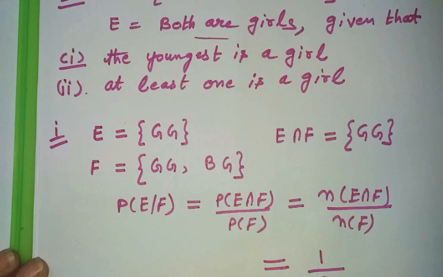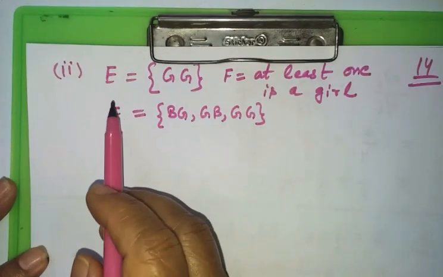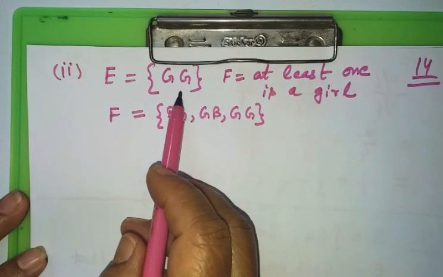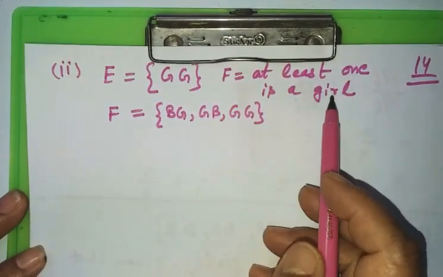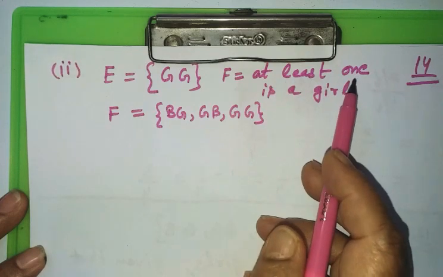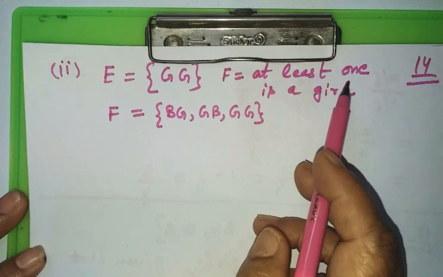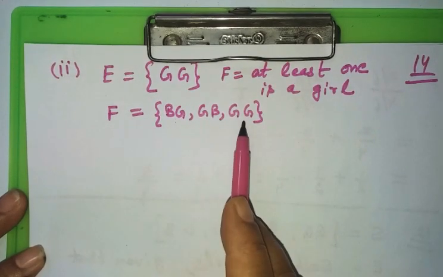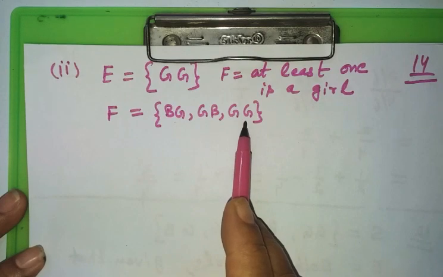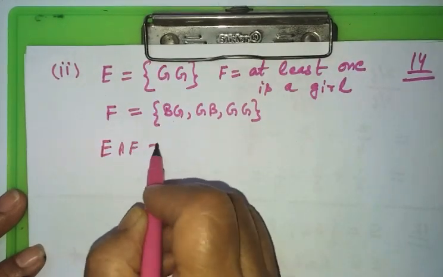And let us proceed to the second part. Second part says event E remains same, both are girls, and event F is at least one is a girl. At least one is a girl means all the cases of sample space in which there is one girl or more than one girl. So in these two cases there is one girl and in this case there is more than one girl. So we now write E intersection F also.